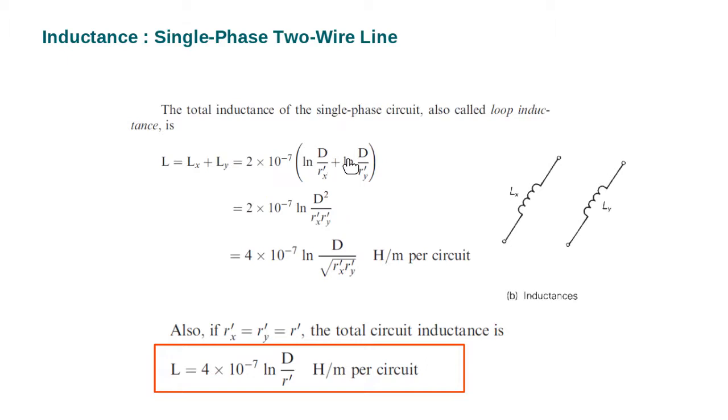So don't forget this. You're adding here if you put natural log, or you can put it just in one form like this: D squared over R prime X R prime Y. This is the total inductance, the inductance that you use, in Henry per meter per circuit.